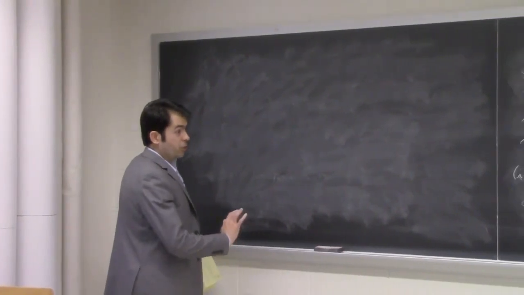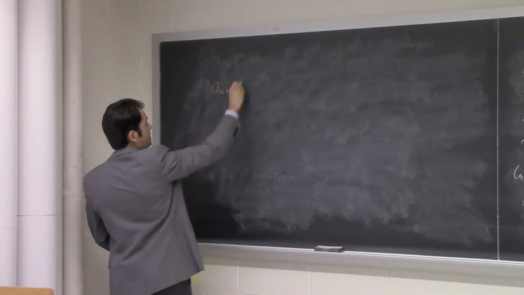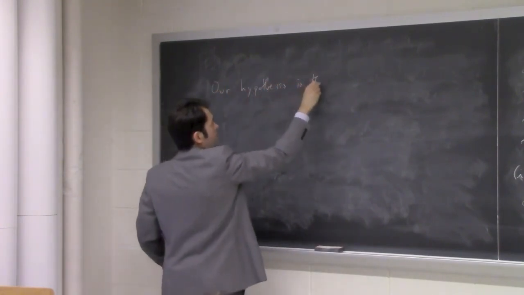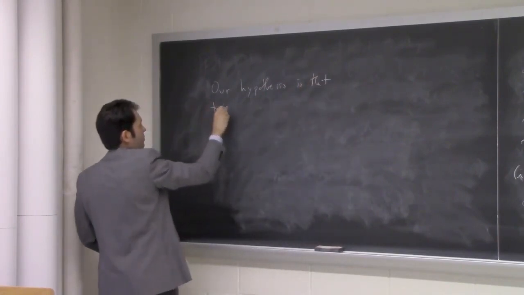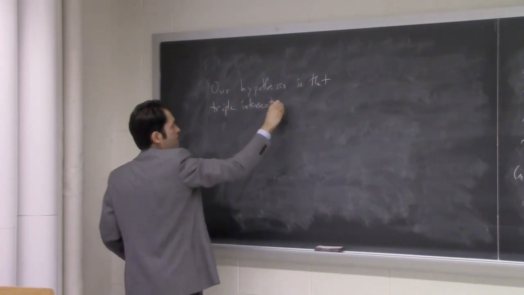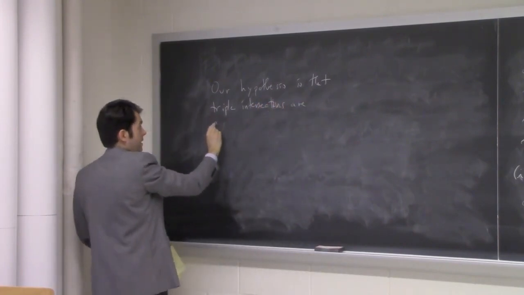Okay, so I want to change things a little bit because our hypothesis is that triple intersections are path connected.